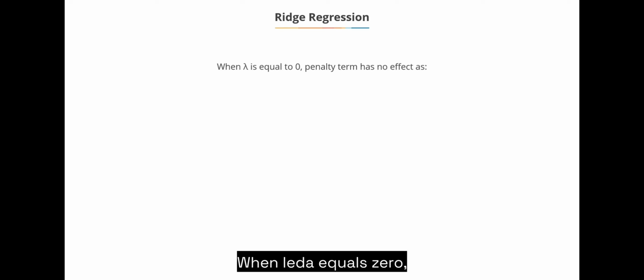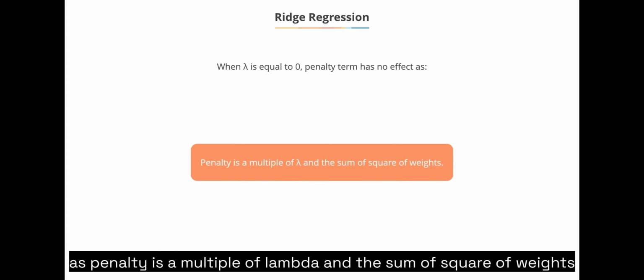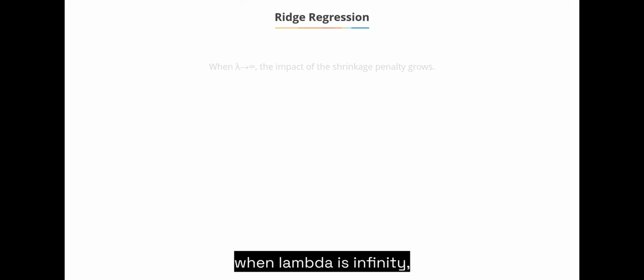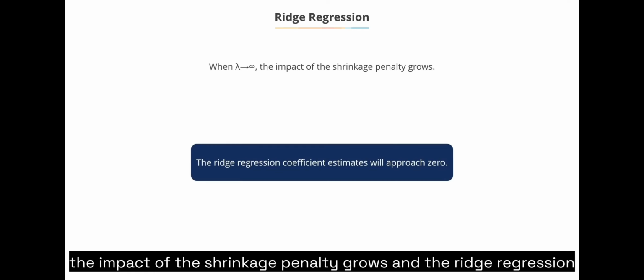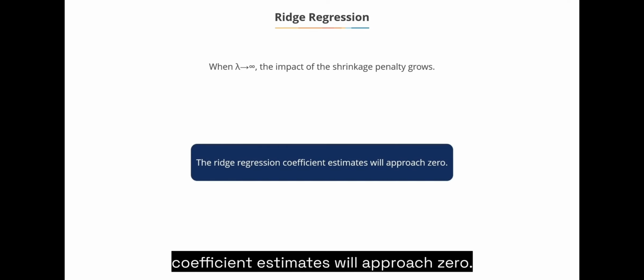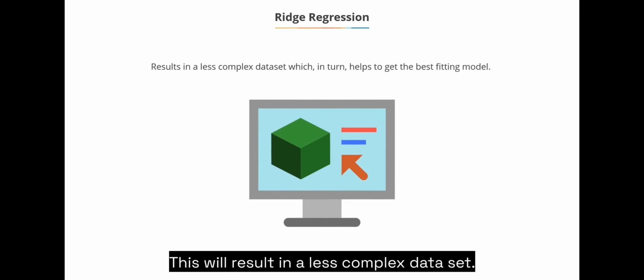When lambda equals 0, the penalty term has no effect, as the penalty is a multiple of lambda and the sum of squares of weights. When lambda is infinity, the impact of the shrinkage penalty grows and the ridge regression coefficient estimates will approach 0. This will result in a less complex model, which in turn helps us get the best fitting model.